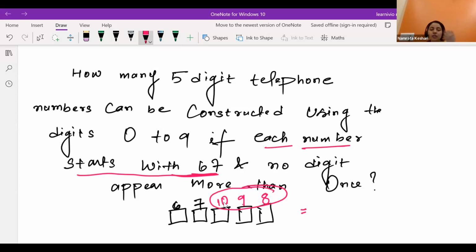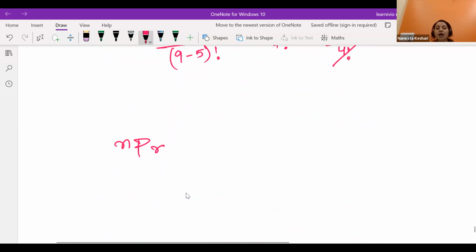Similarly, suppose objects, or numbers, or total n places we are having, and out of that r we need to arrange. Then this formula will directly help us find the answer. And NPR is nothing but n factorial by n minus r factorial.